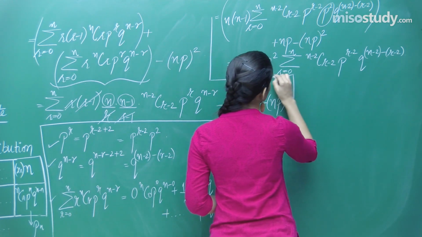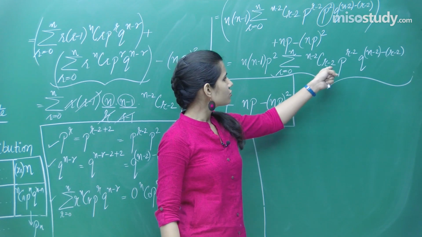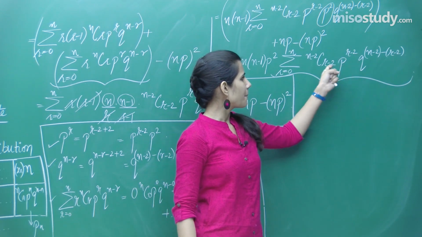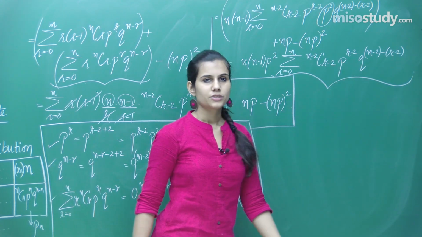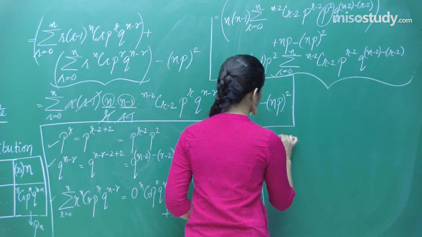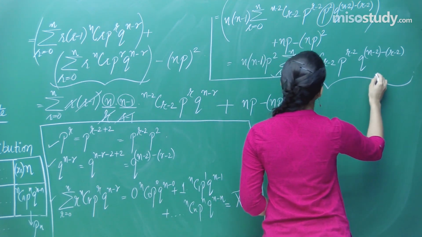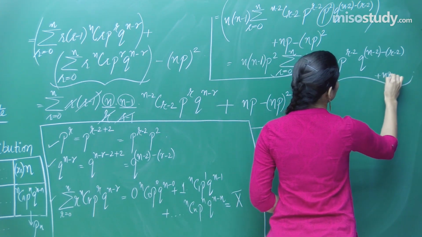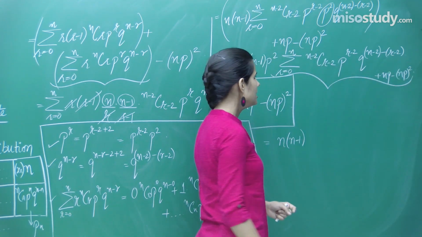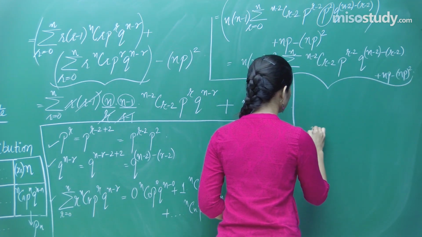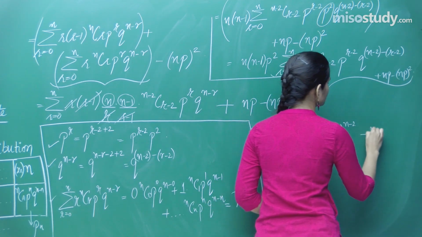What is this? See again, n minus 2 C r minus 2 p to the power r minus 2 q to the power n minus 2 minus r minus 2. This is nothing but, so this also has a plus np minus np whole square. What is this summation? Summation is actually q plus p to the power n minus 2.